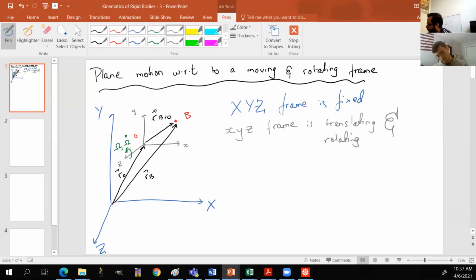This rotation is happening with an angular velocity vector, omega, and an angular acceleration vector, omega dot. It's basically the same thing as thinking about omega and alpha, right? Not the same expression, the same terms.